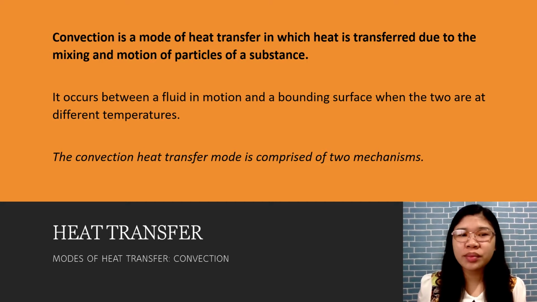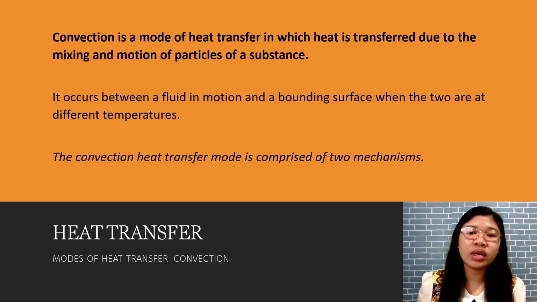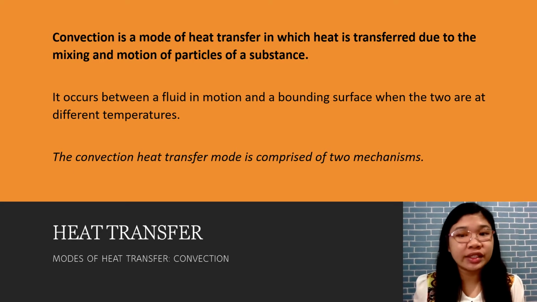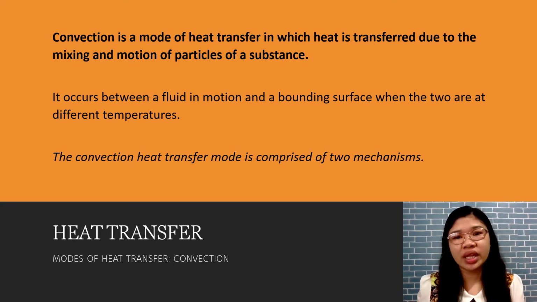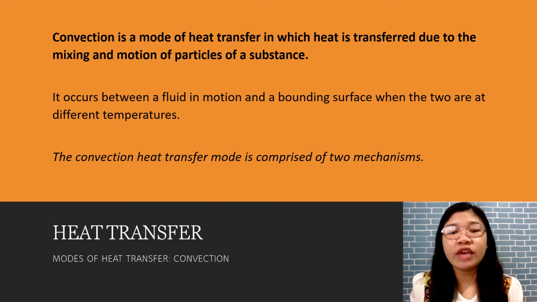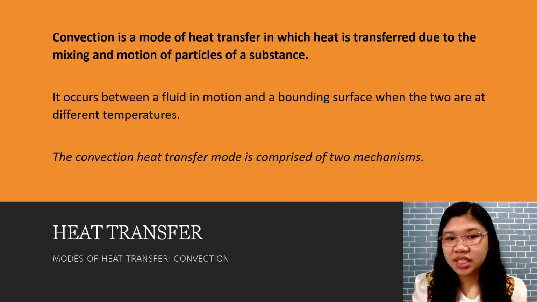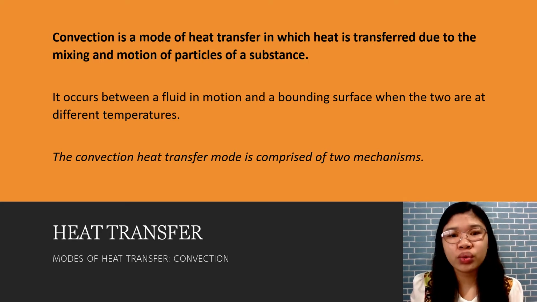So in general, as a summary of convection's definition, we have described the convection heat transfer. Convection as a mode of heat transfer is an energy transfer occurring within a fluid due to the combined effects of conduction and bulk fluid motion.